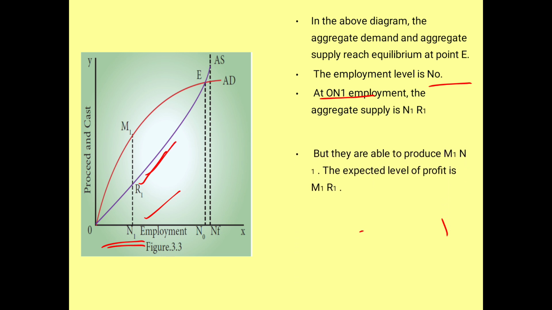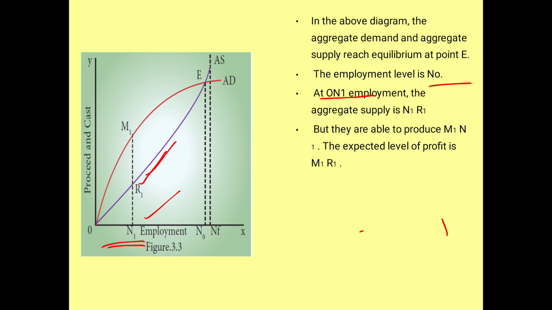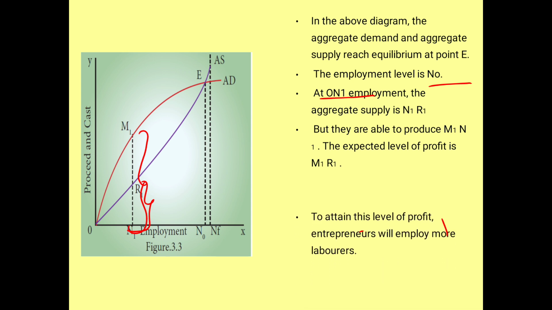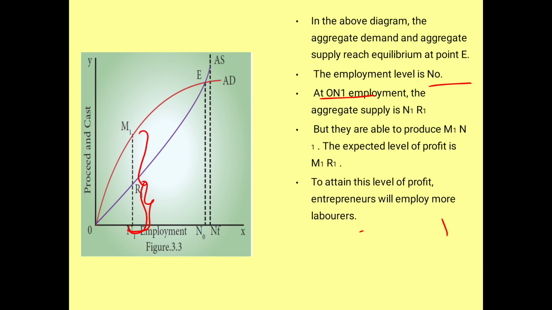What is happening here? They are able to produce up to M1N1 level. We are expecting only up to this level, but we are able to go to the greatest extent, that is M1R1. So it attains this level of profit.